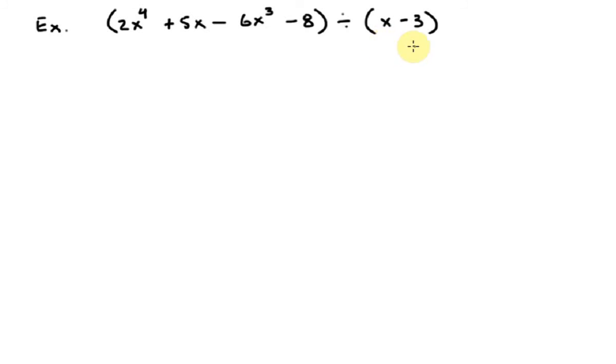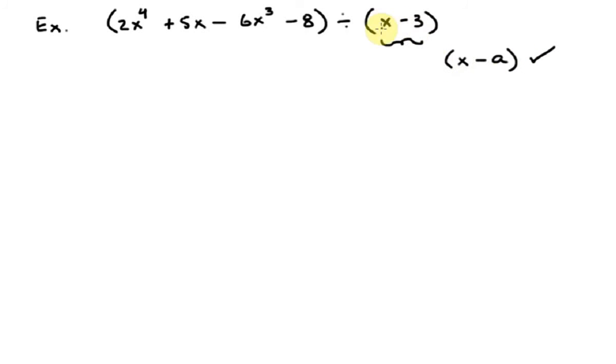We're going to take the question 2x to the 4th plus 5x minus 6x cubed minus 8, and divide it by x minus 3. The divisor is of that correct form of x plus or minus a number, so that makes me say yes to using synthetic division.